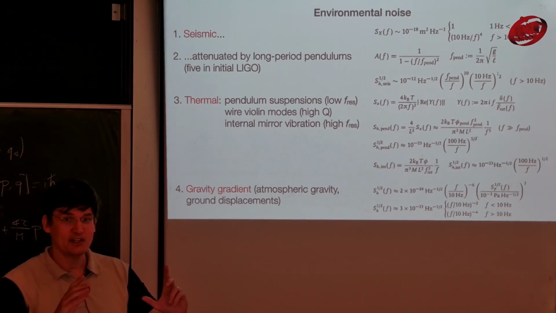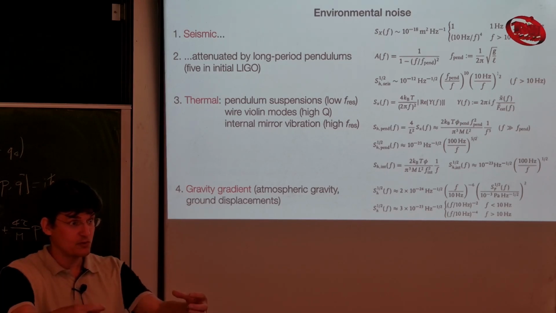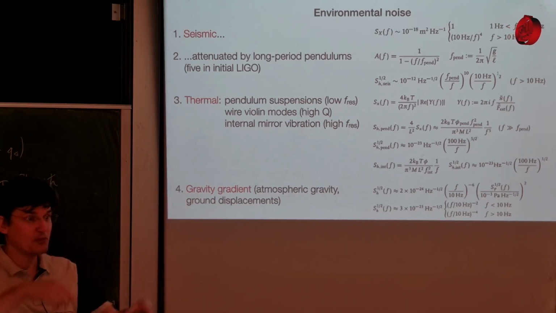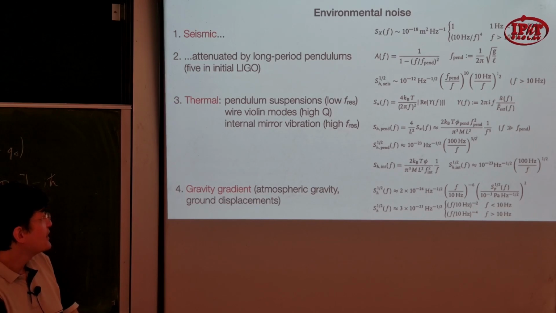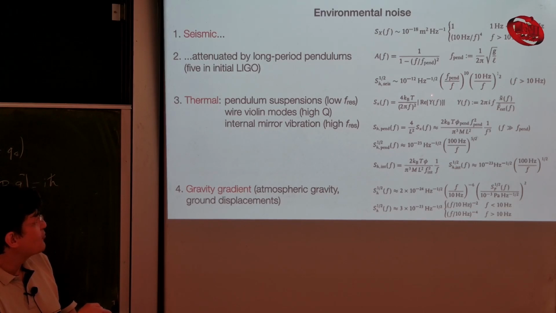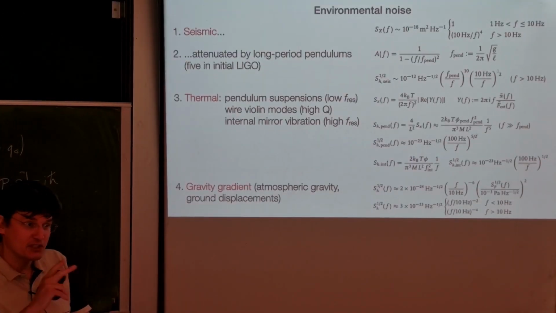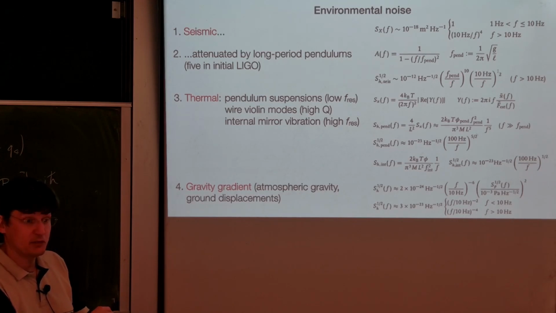So you can do a pendulum also by suspending a frame onto springs. So there are 5 stages of this on top of each other, and the test masses are finally hung on the final stage. So that's why the seismic noise has a frequency dependence of its natural form, but there's an f to the 10 in front of it. So it's extremely steep at low frequencies because of this attenuation.